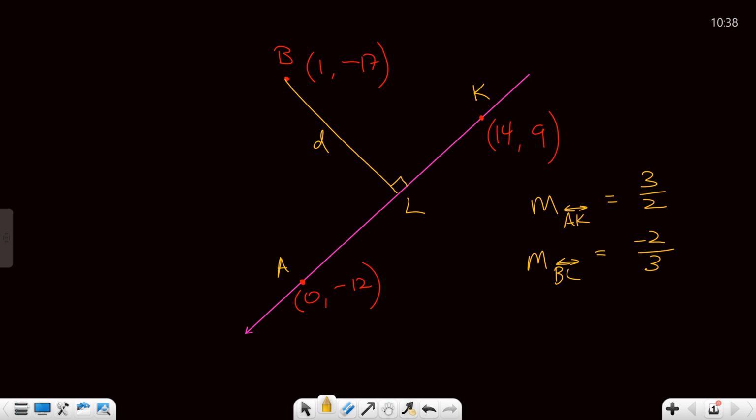Okay, so if we know the slope of BL is negative 2/3, then everybody, write the equation of the yellow line, please. Because what are the two things you need for point slope form? Yeah, that's why it's called point slope form. Very good.